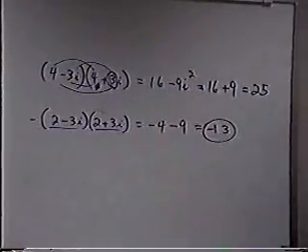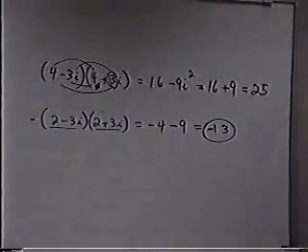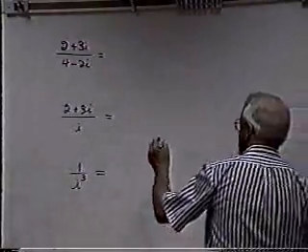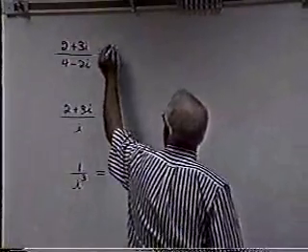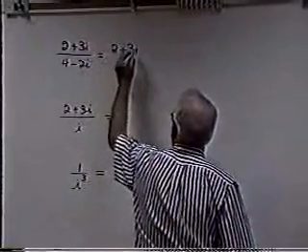All right, now let's look at division of complex numbers. All right, we're going to do division of complex numbers now. It's a very simple process, concept. It's a lot of work. What we're going to do is this.